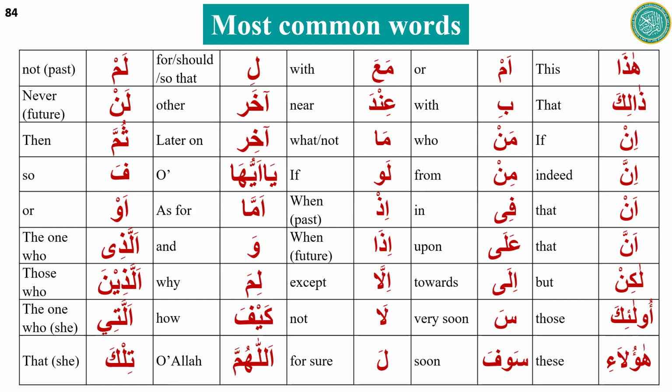So if we know all these commonly used word meanings, then the remaining will be the verb recognition and noun, and that will be just vocabulary. And we are building vocabulary in every class, and all the words we are using in our reference examples are taken from the Quran.